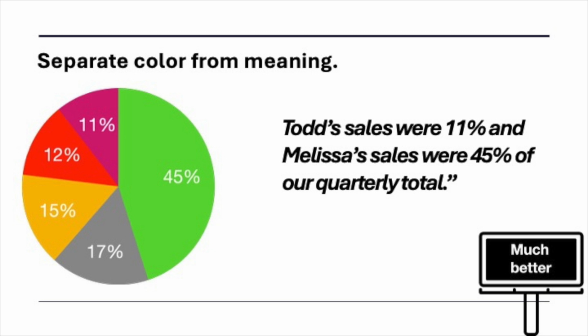Instead, you want to separate color from meaning. Same pie chart here on screen, except the caption has been changed to read, Todd's sales were 11%, and Melissa's sales were 45% of our quarterly total. In the pie chart, the numbers have been layered over the pie slices so that if you can discern text, you're able to discern those numbers.